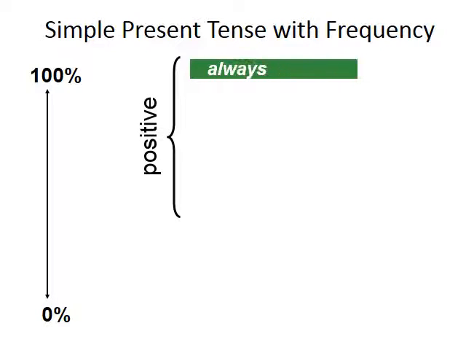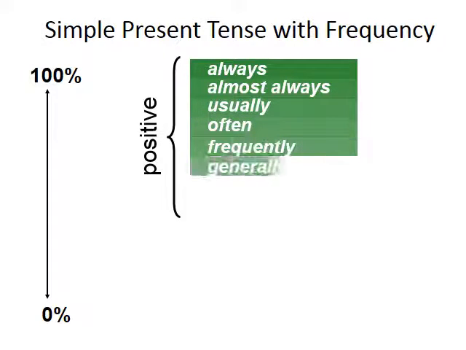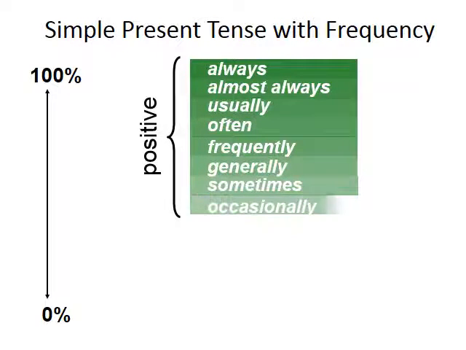Okay, so this video is just going to quickly cover the use of frequency words with the simple present tense. We basically have two groups of frequency words. When we talk about frequency, we're talking about how many times something happens. Frequency words in the simple present tense always mean habitual action.